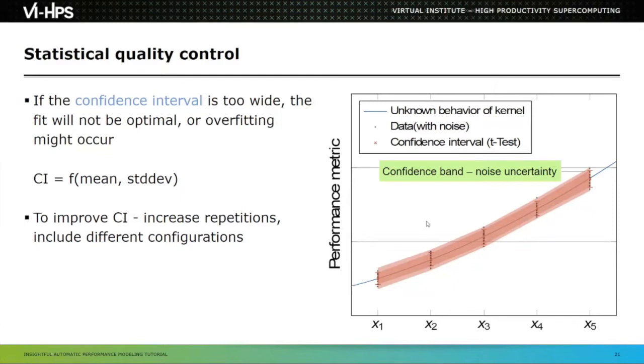And to do this, we need different repetitions of the actual measurements that we take of the different configurations. And the best thing, like I said, the first step of our modeling workflow: do a statistical quality analysis of these measurement points, find out the variance, see if there's a lot of noise, and then work with that and take more measurements. So we have our first statistical quality control measure here using this confidence interval.